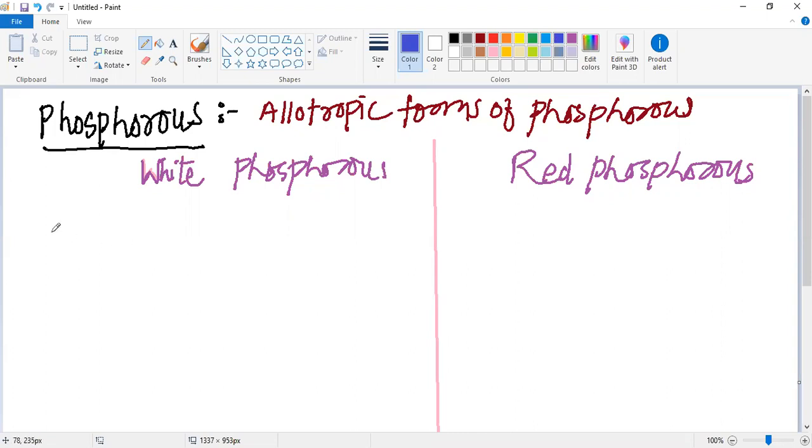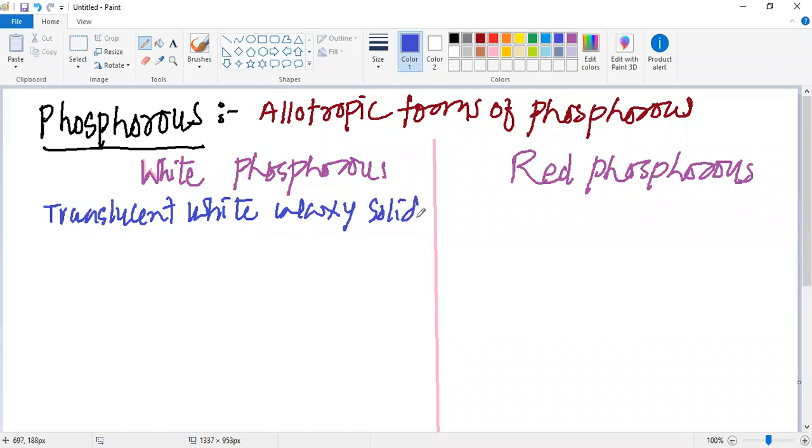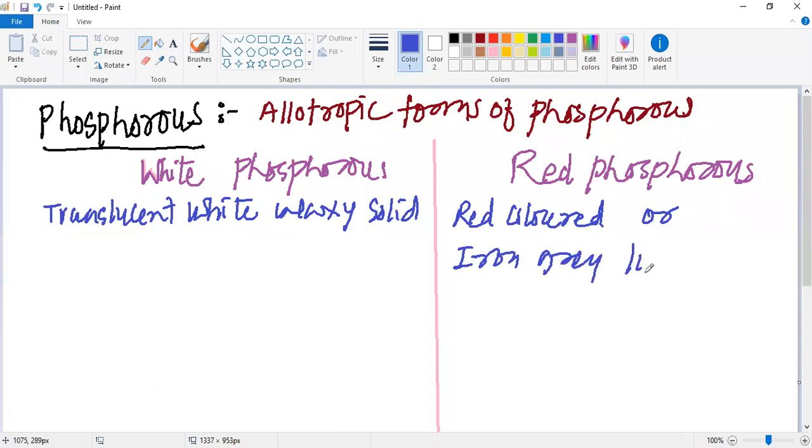White phosphorus is actually a translucent white waxy solid, whereas red phosphorus is red colored, or, my dear students, we can write iron gray lustered solid.